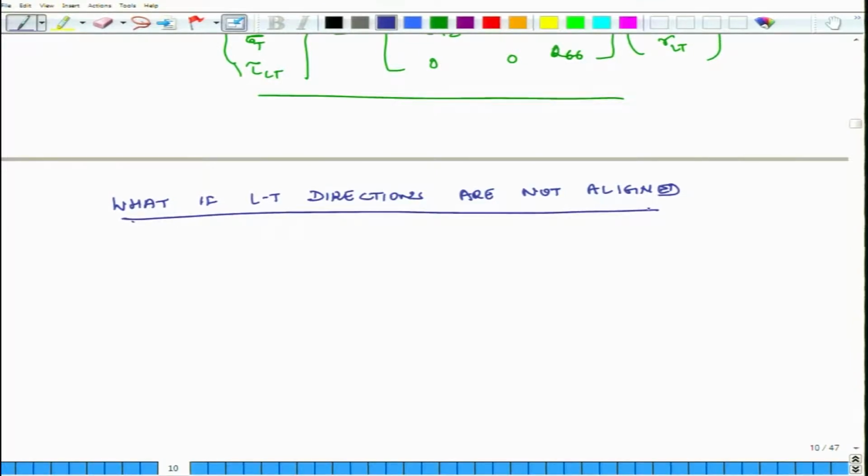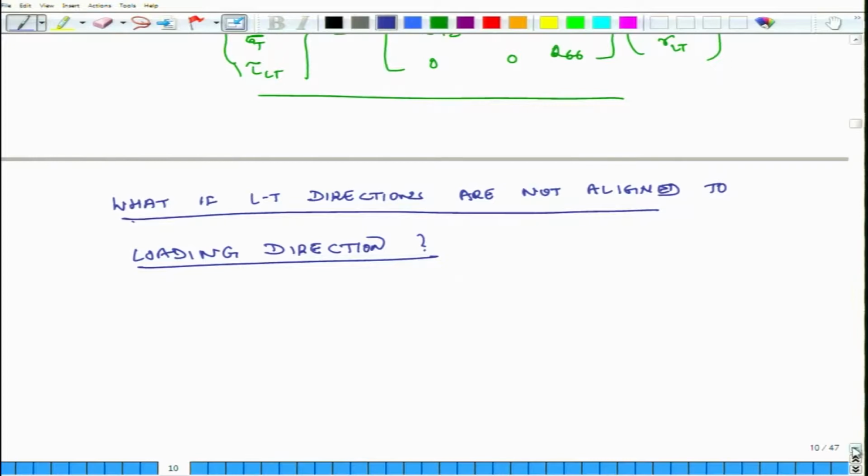And they are not aligned to the loading direction. That is the question.